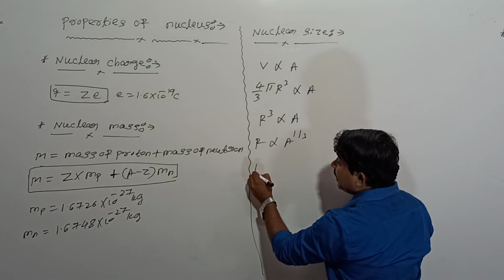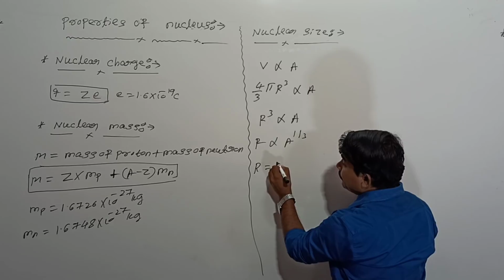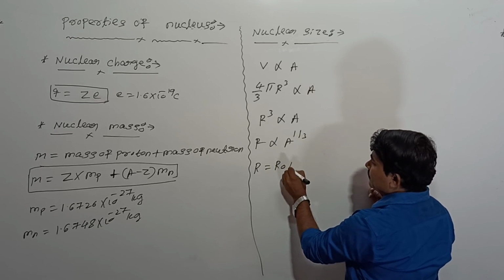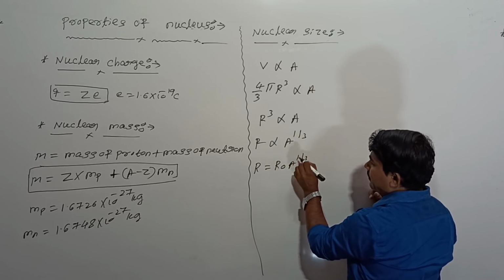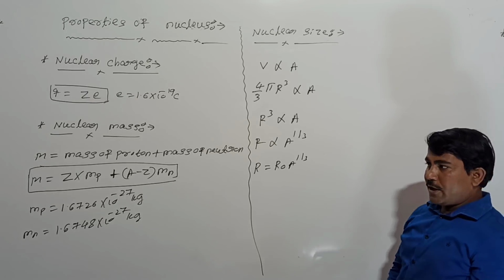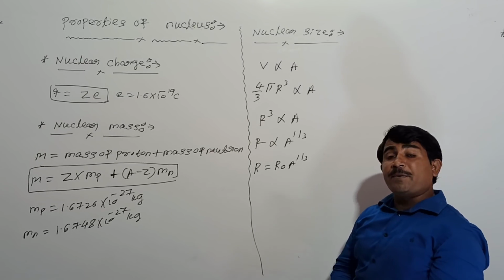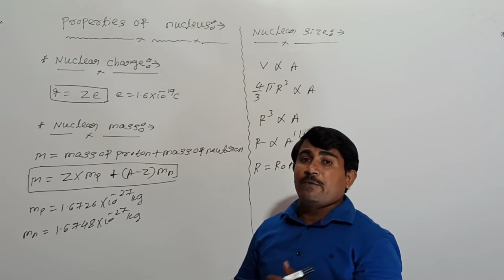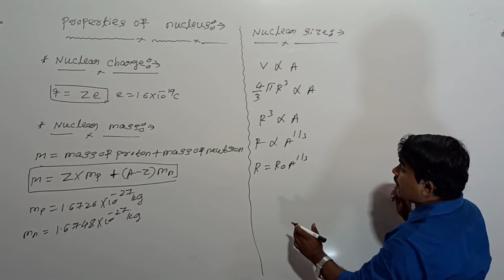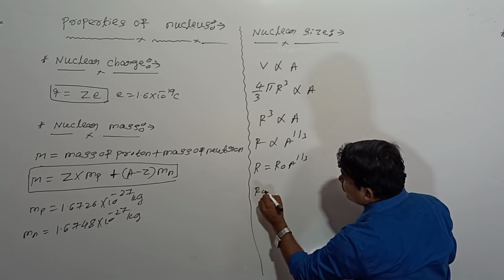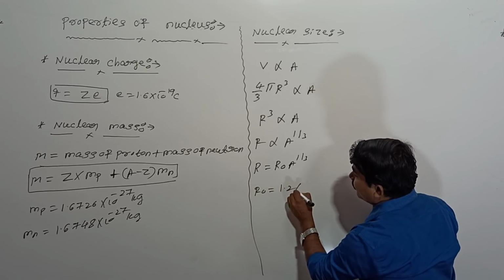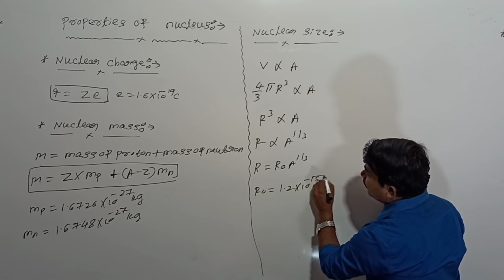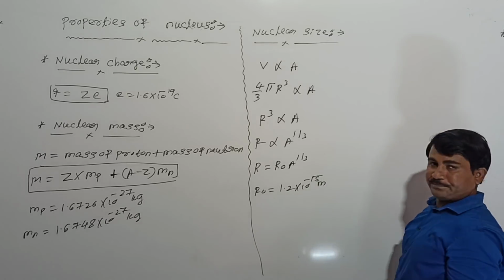Or radius of the nucleus must be equal to some constant R0 into A raised to 1 by 3. This constant we are calling the empirical constant. This empirical constant is always constant and an average value can be taken, R0 equal to 1.2 into 10 raised to minus 15 meter.